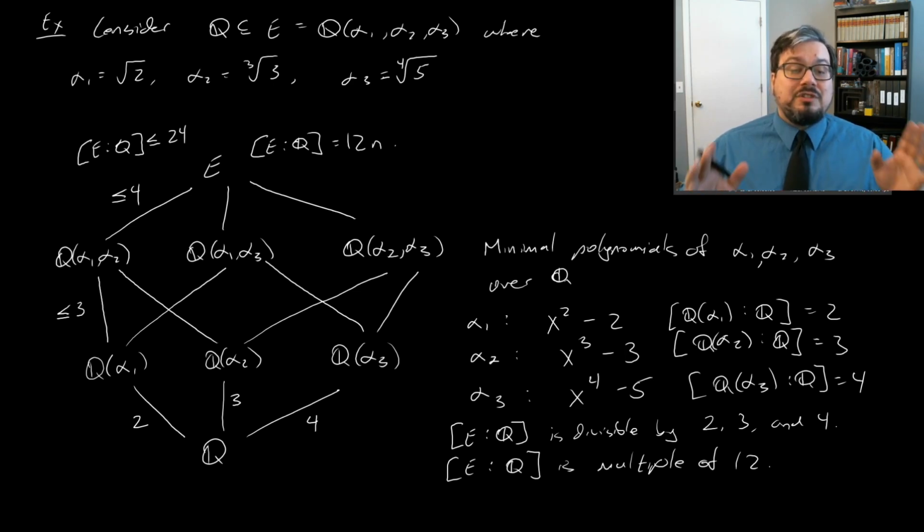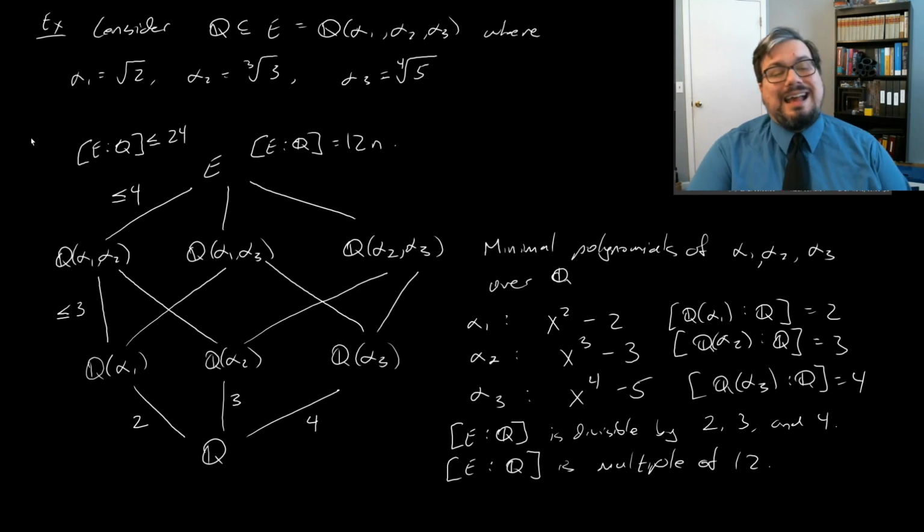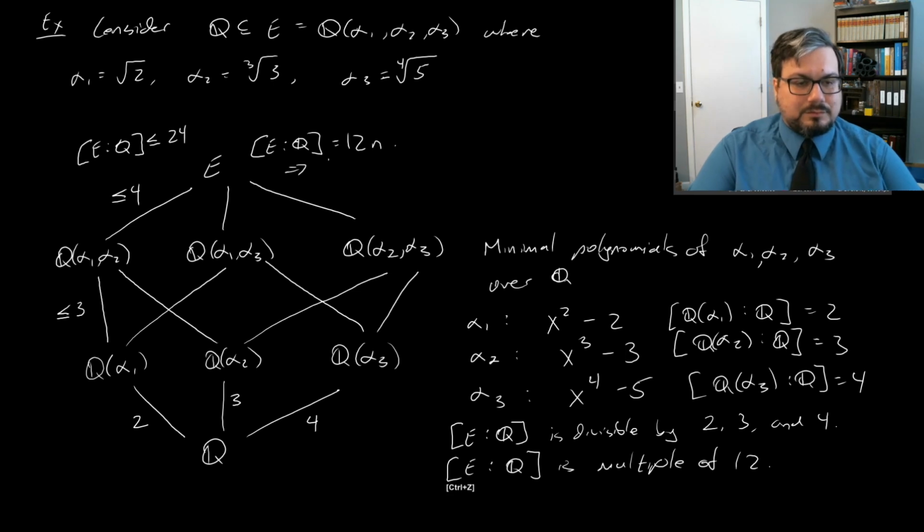So we've actually narrowed down the degree of E over Q to 2 possible numbers. It has to be a multiple of 12, and it has to be less than or equal to 24. So combining these two things together, we have that the degree of E over Q is equal to 12 or 24.